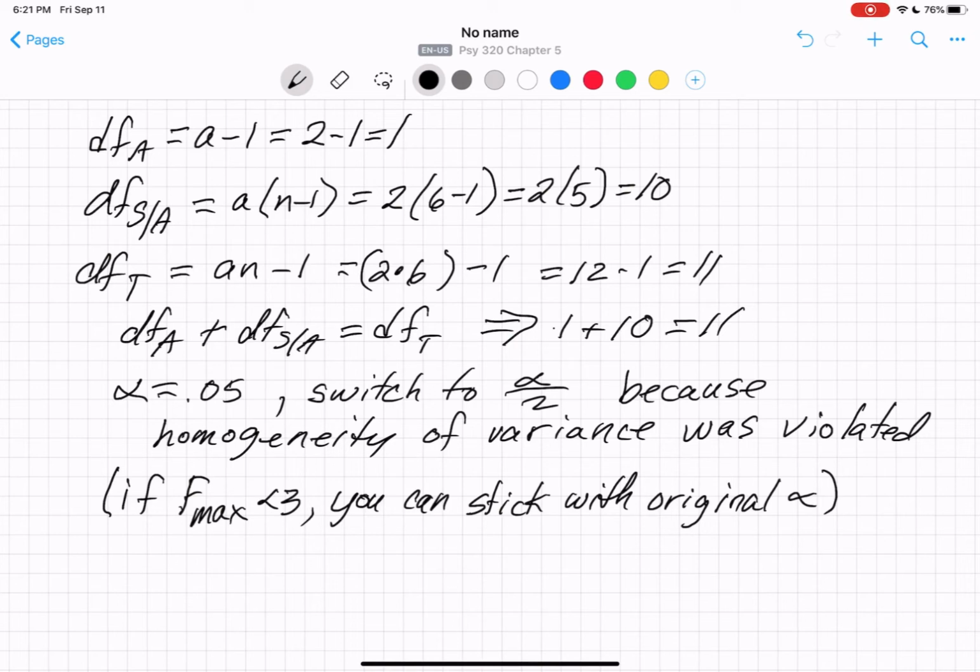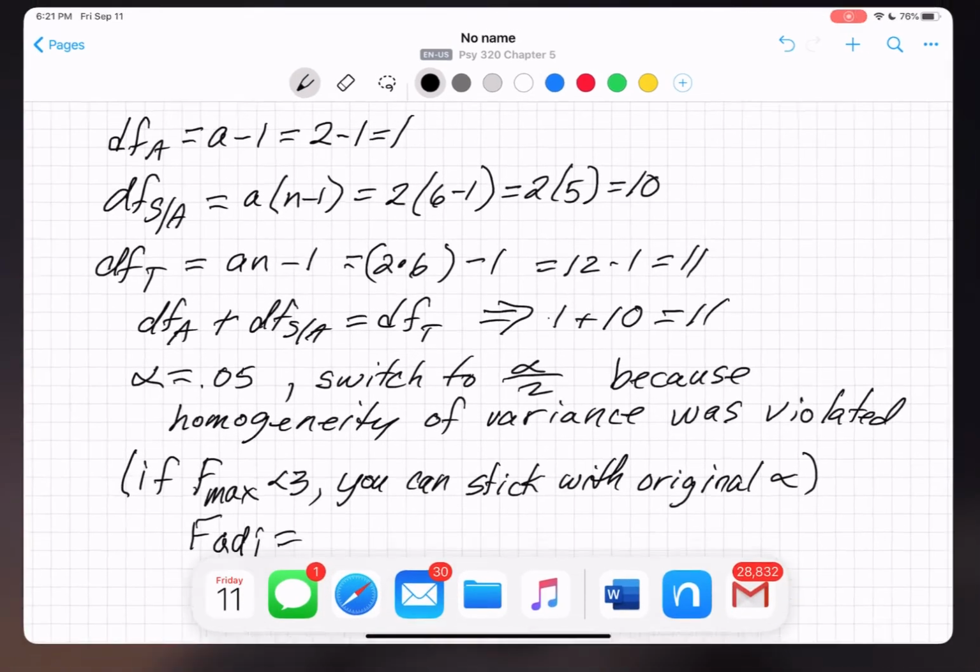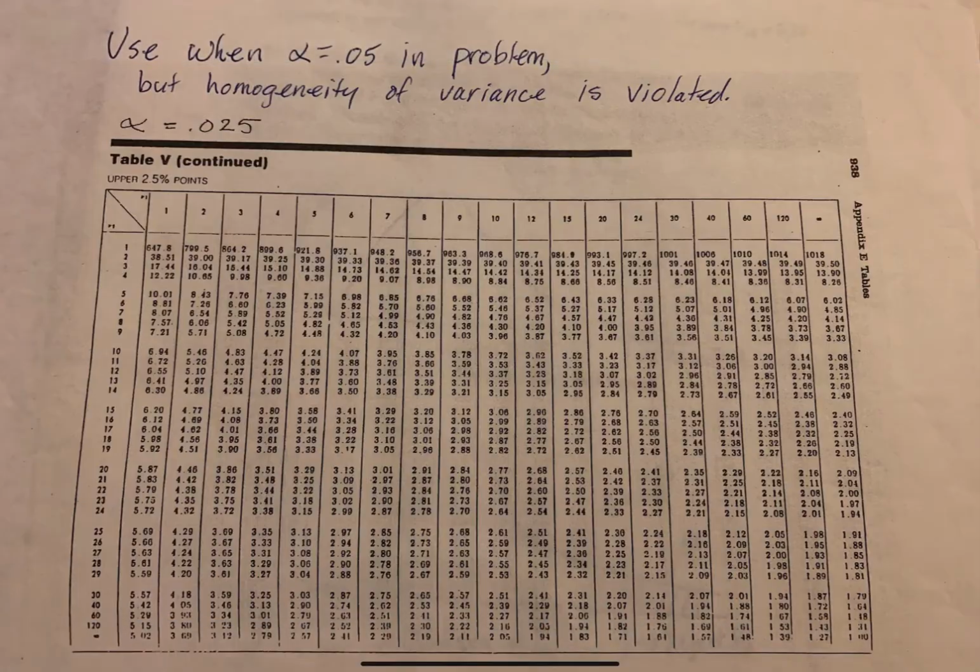Okay, so we want to use 1 and 10 degrees of freedom to look up our critical value for our F adjusted. All right, so this is our chart. Remember, if alpha is 0.05 in the problem, but homogeneity of variance is violated, we want to use this chart that says alpha equals 0.025.